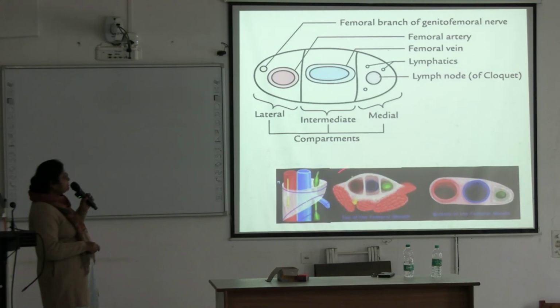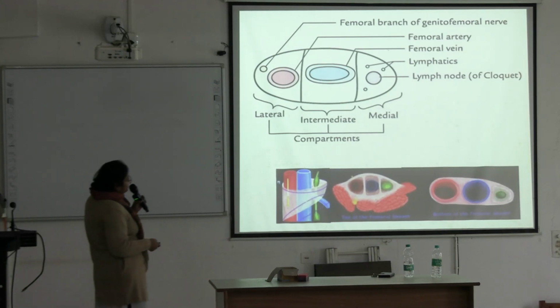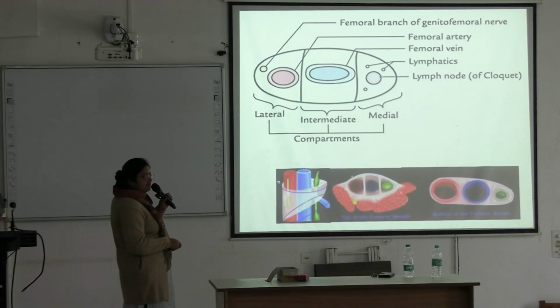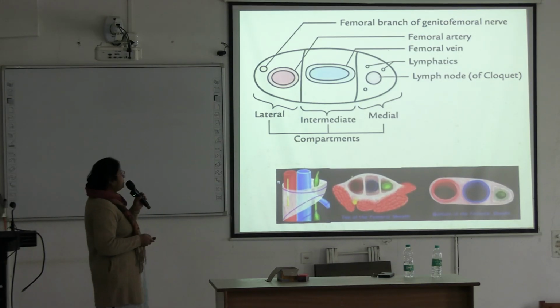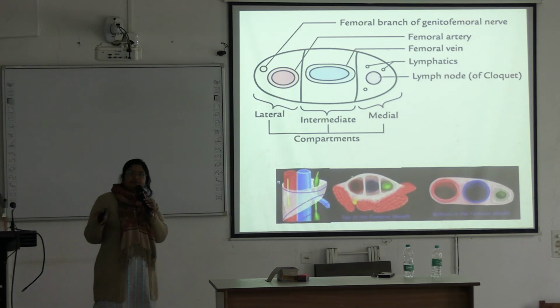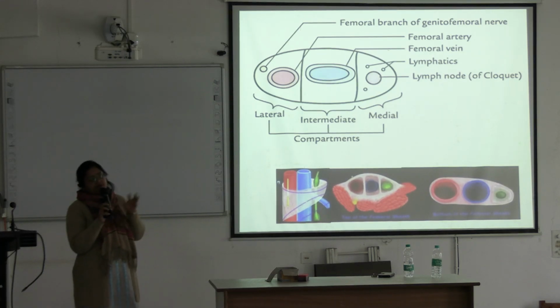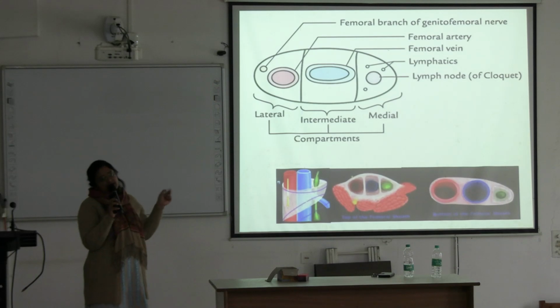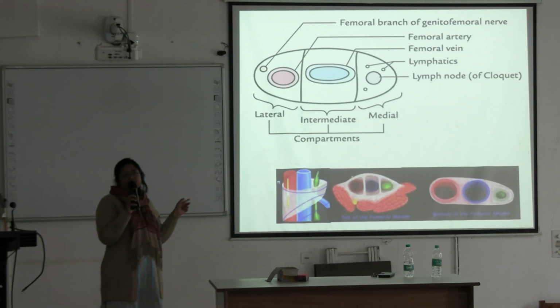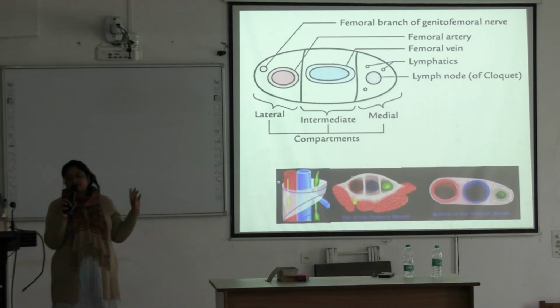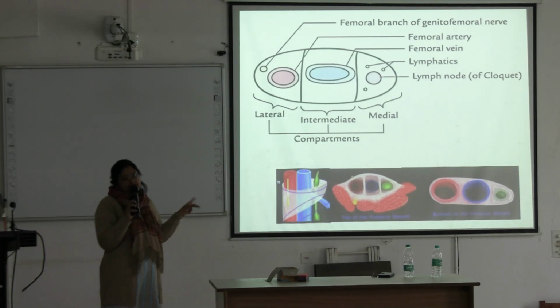So this is the view from the front. This is the transverse sectional view, and this is the enlarged view of the femoral sheath. Understood? The lymph node is green, vein is blue, artery is red. This color coding is used for different drawings. During drawings you only use colored pencils: red for artery, blue for vein, green for fascia, sheath or lymphatics, brown for muscle, and yellow for nerve.